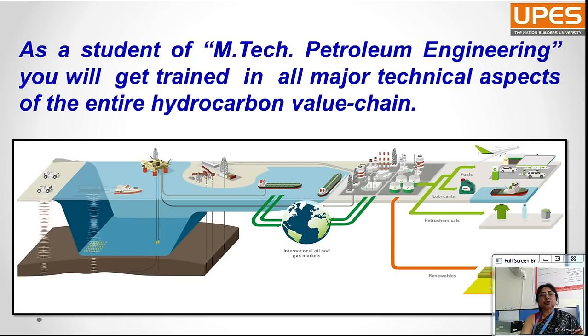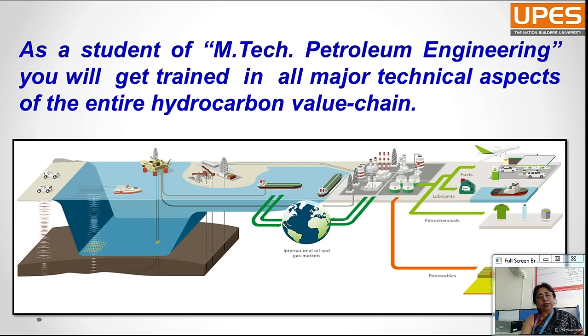As a student of M.Tech Petroleum Engineering, you will get trained in all major technical aspects of the entire hydrocarbon value chain. It starts from the seismic survey, when you do the exploration and search for hydrocarbon using geology, geochemical properties and geophysical properties.